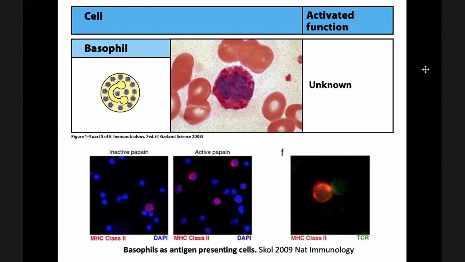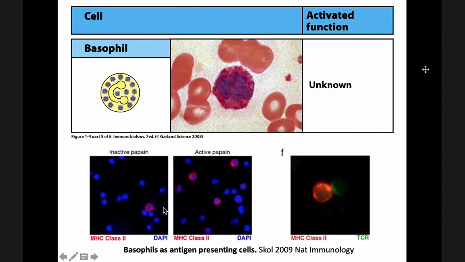But if you are able to isolate these cells from a host, you can demonstrate that they are actually also very crucial in antigen presentation. Now, one of the classical things that any cell performing as an APC, an antigen presenting cell, has to do is express a lot of MHC class 2. And this is what is shown here.